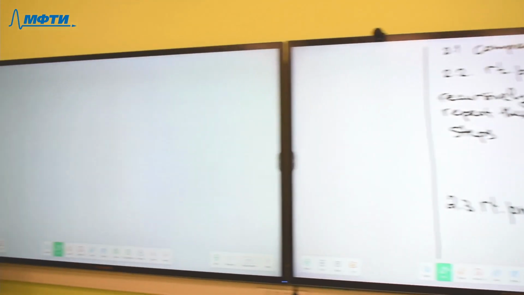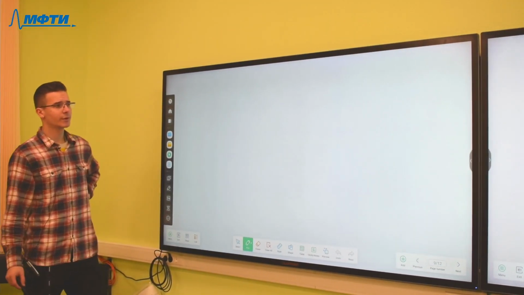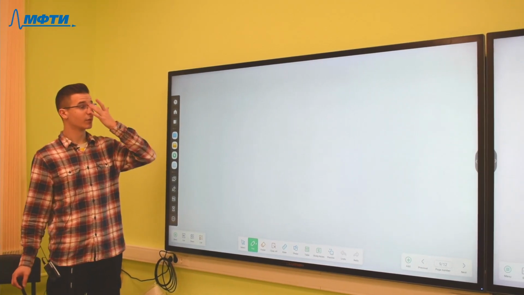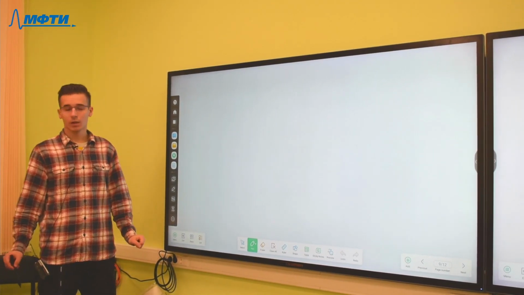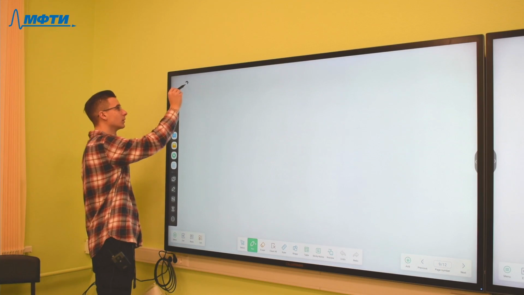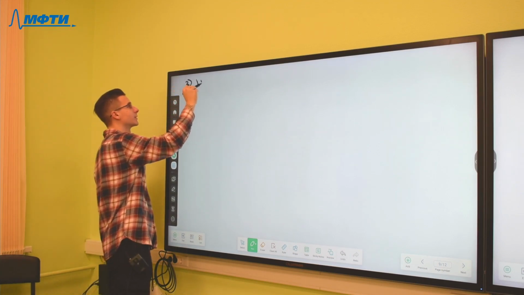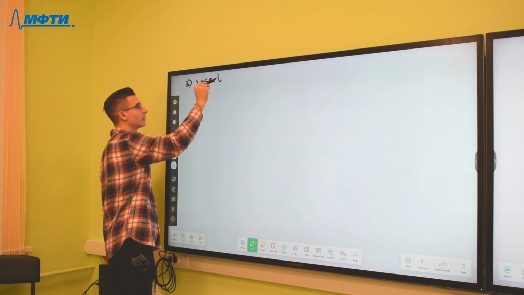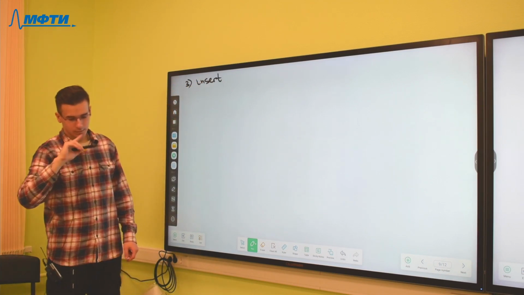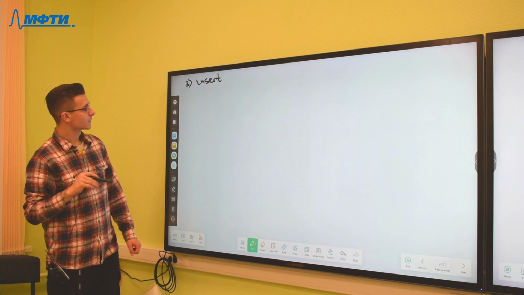So now we know two operations, merging and splitting, and to implement other operations, for example, insertion, we use these two operations.